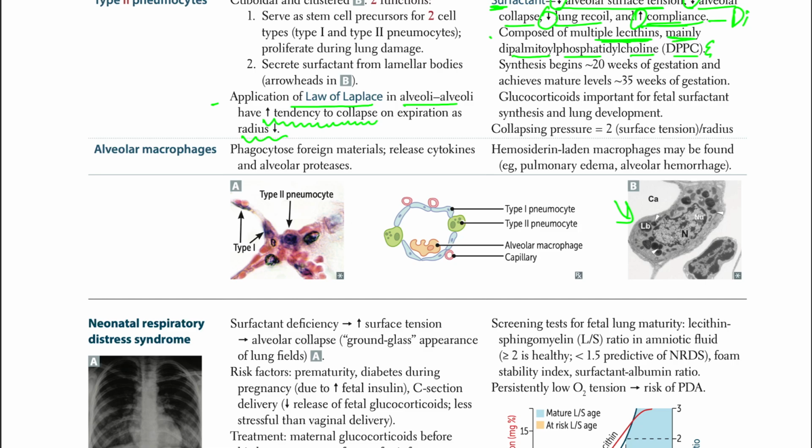The other one they will also mention is phosphatidylglycerol. This is also surfactant. Surfactant synthesis begins at about 20 weeks of gestation and achieves a mature level by 35 weeks of gestation. Great. And corticosteroids or glucocorticoids are important for fetal surfactant synthesis and lung development.